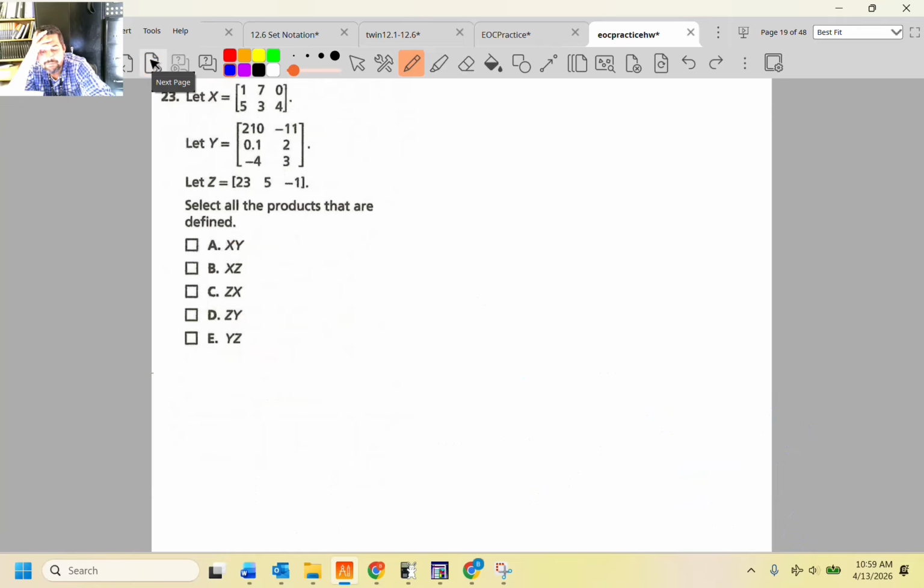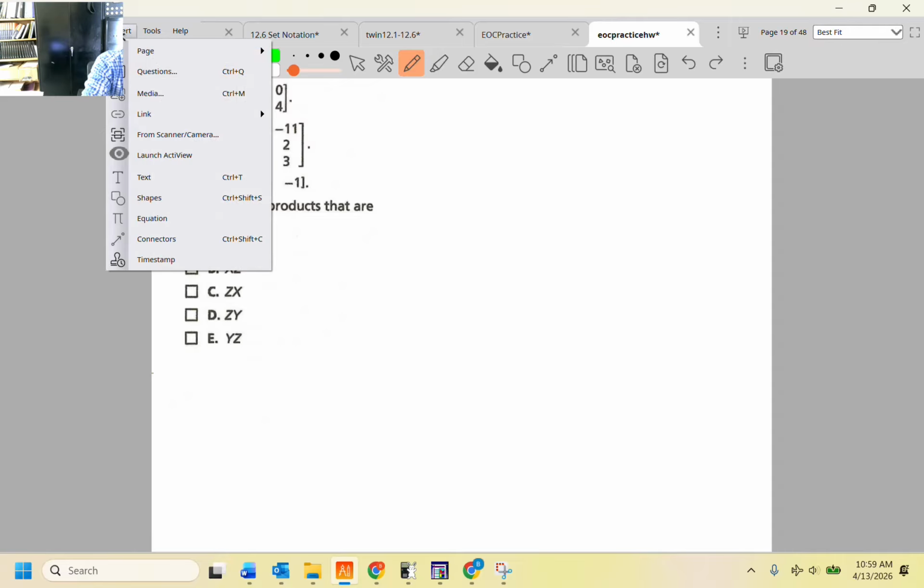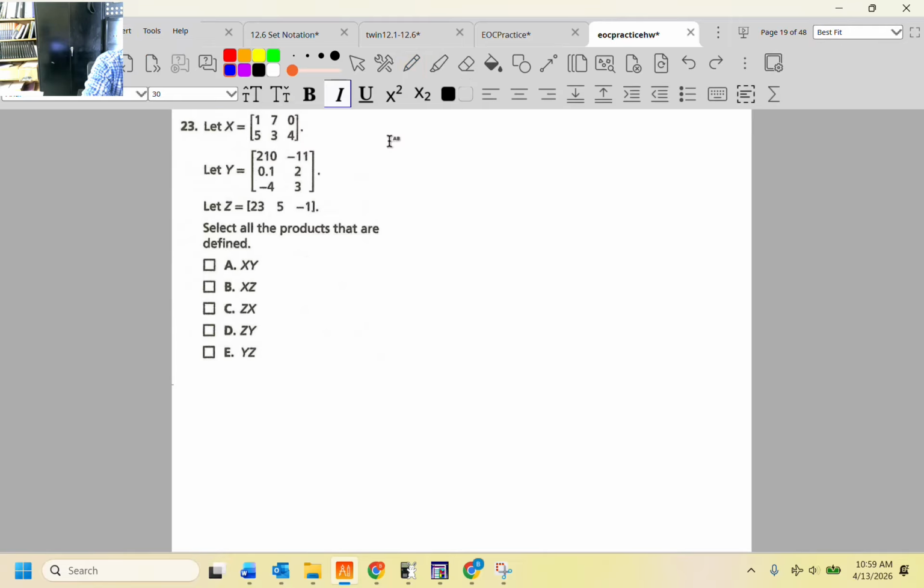Moving on, 23. Select all the products that are defined. So for matrix multiplication to work, the number of columns must match the number of rows.